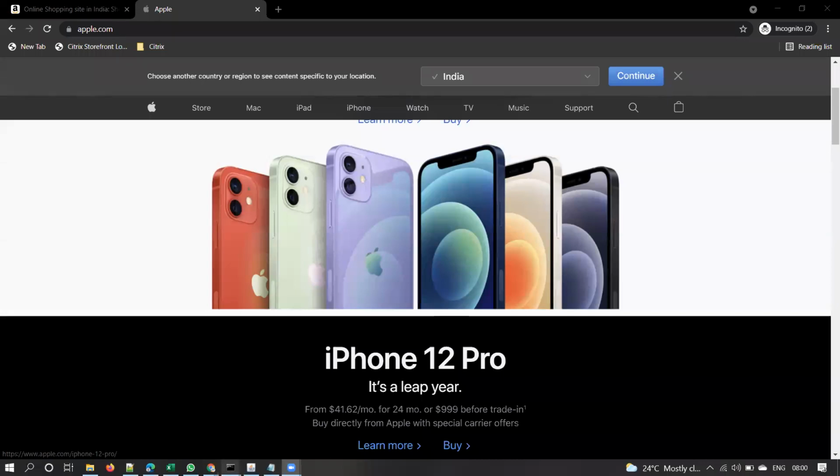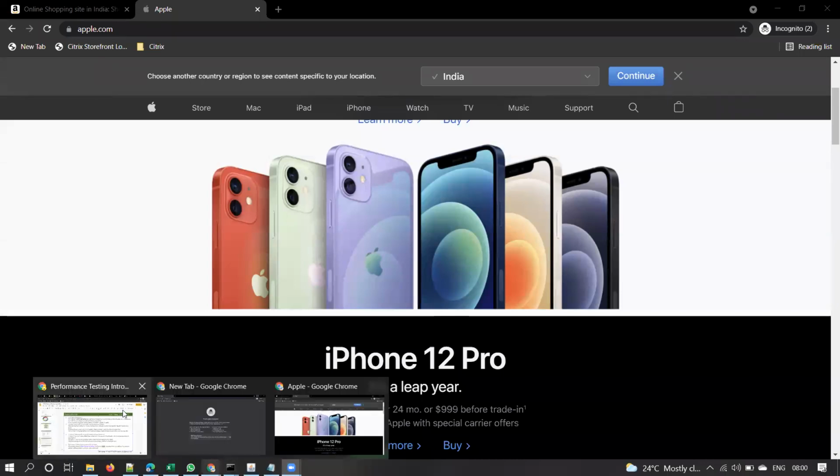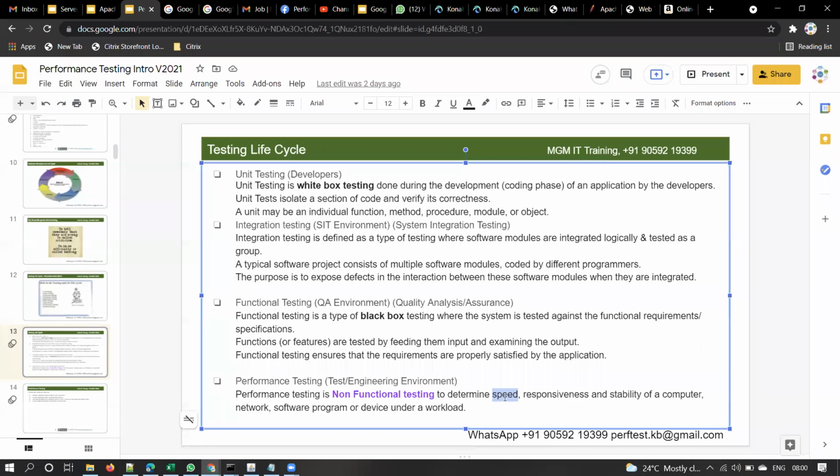You understood what is meant by speed here, right? So speed is also called the response time of the page. To find out the response time of a page, we do performance testing. And then what else? Responsiveness: how responsive is the application and how stable is the application.